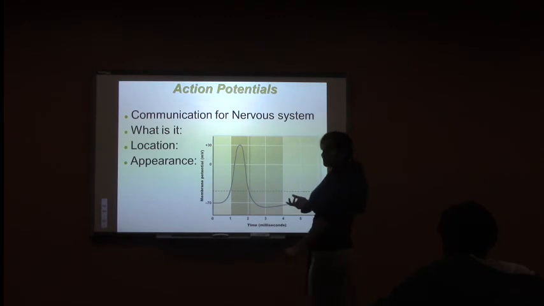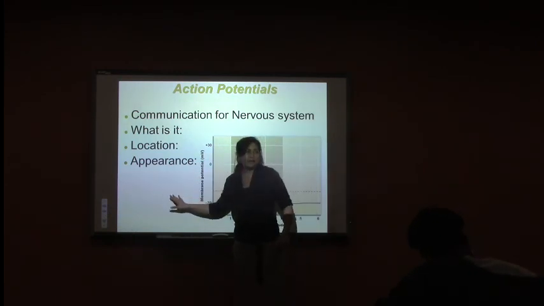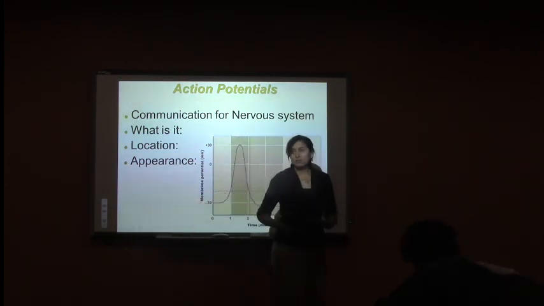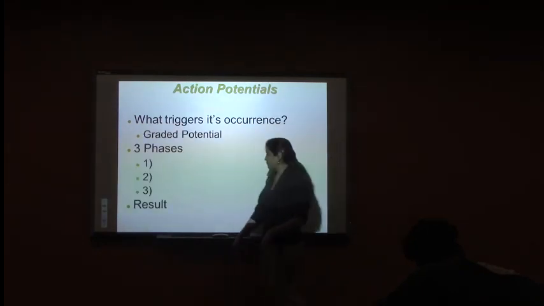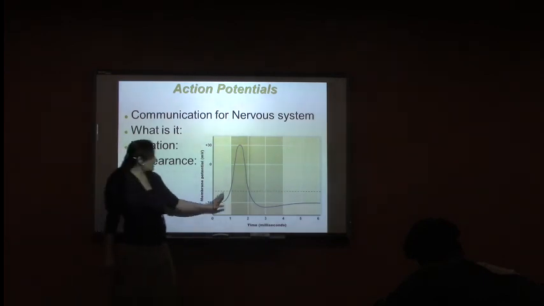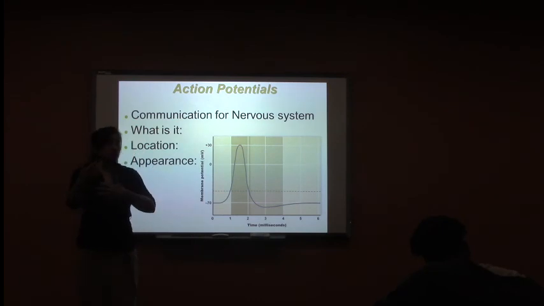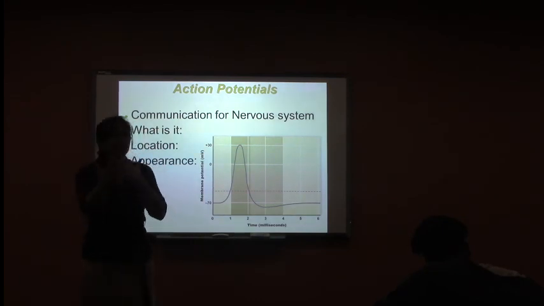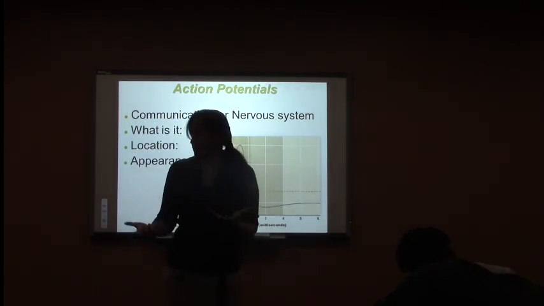Okay, what is action potential? It's a wave-like appearance. Doesn't it look like a wave? This is one action potential, and it looks like a wave, right? Because it's just measuring the conductivity of ions entering or exiting an axon.